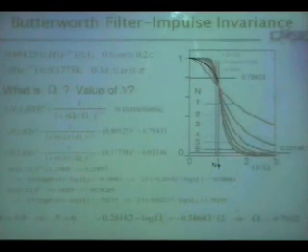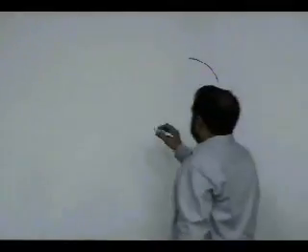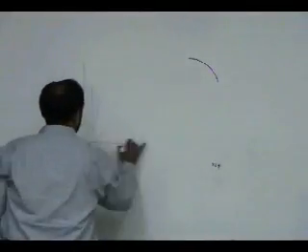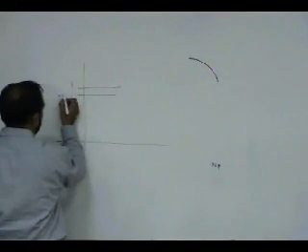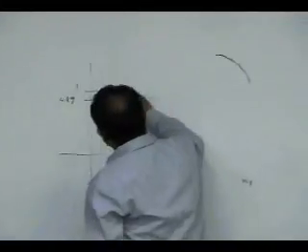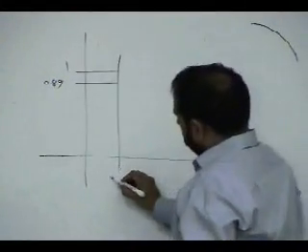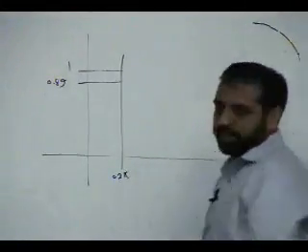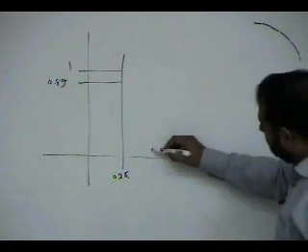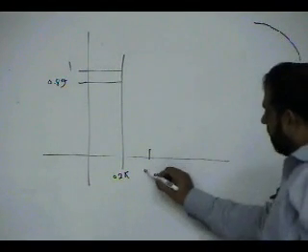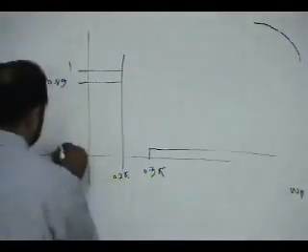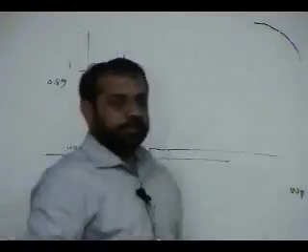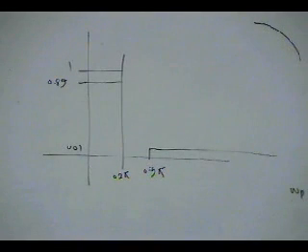So these specifications are that I want it to remain between 1 and 0.89 until 0.2 pi. This is the design specification. Then I say at 0.3 pi it should never go above 0.001, for example. So I know the design specification.